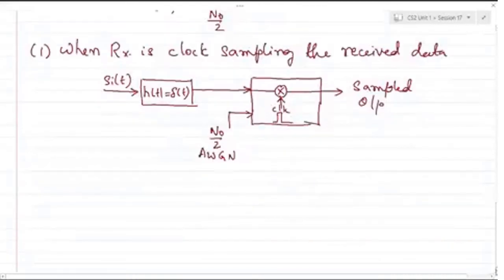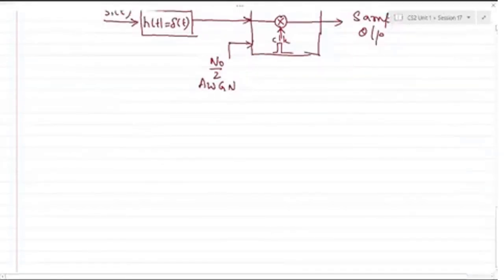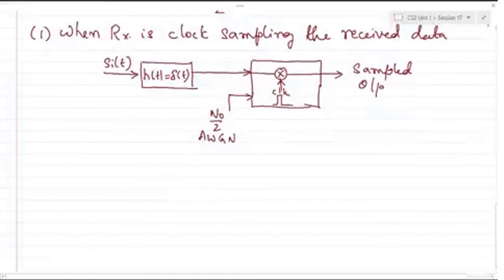The test statistic is obtained with such a clock sampling receiver. The data is sampled using a very high frequency clock, meaning the clock duration, which I call tau clock, is very small compared to the symbol time Ts.